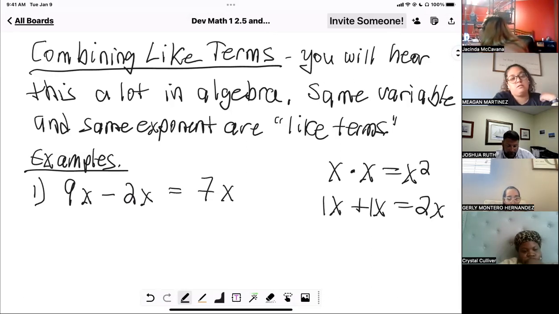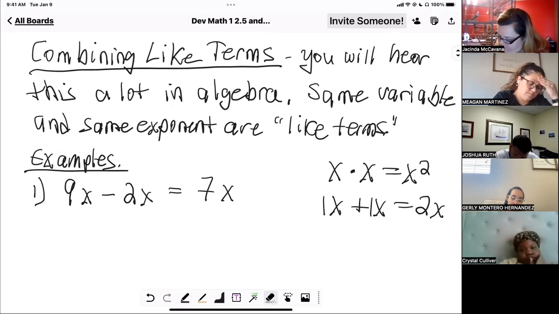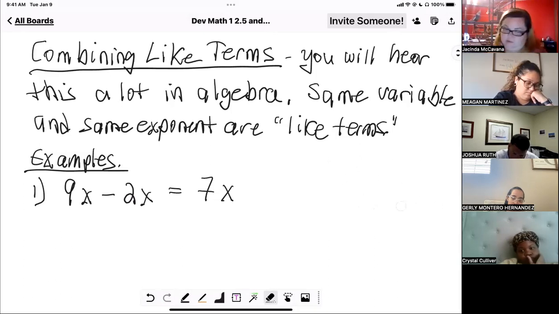When you combine like terms with adding and subtracting, you never change your variable exponents, ever. Good question. We're not there yet with multiplying, but only when you multiply. So you're not touching any exponent. The only thing you're changing is the number part, the coefficient in the front.